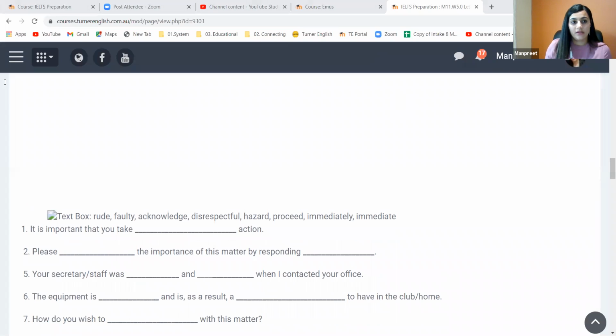By the time the others are finishing, can someone tell me the meaning of acknowledge?